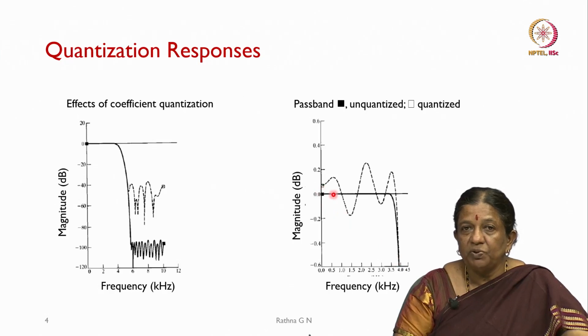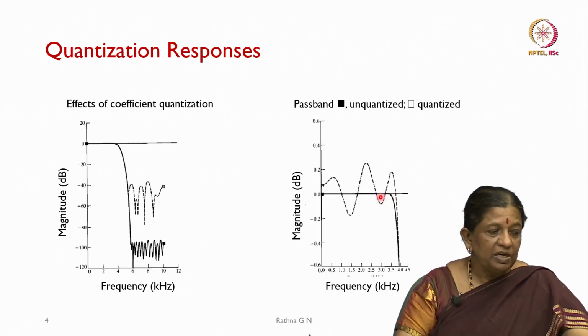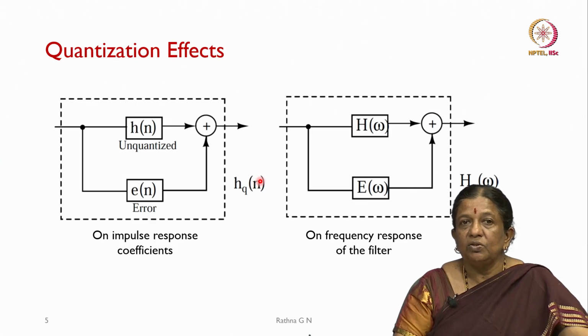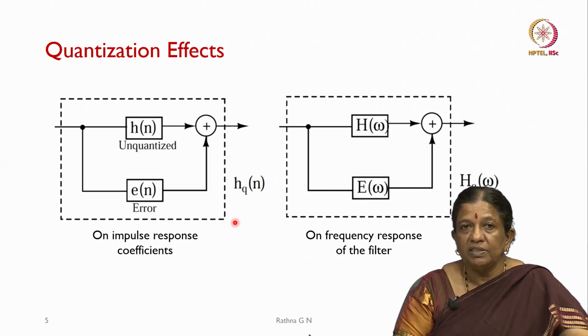Here I am supposed to get a flat response, but what is happening? There is a ripple in my passband in the representation. So, these are the effects one has to consider. What is going to happen with this quantization? We will see the effects of it.